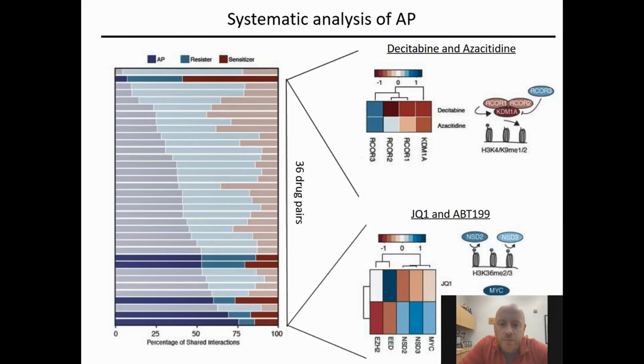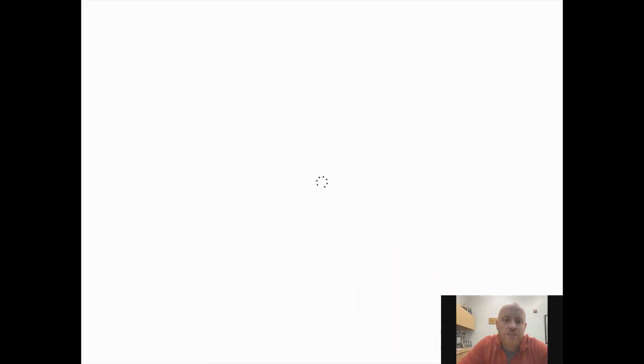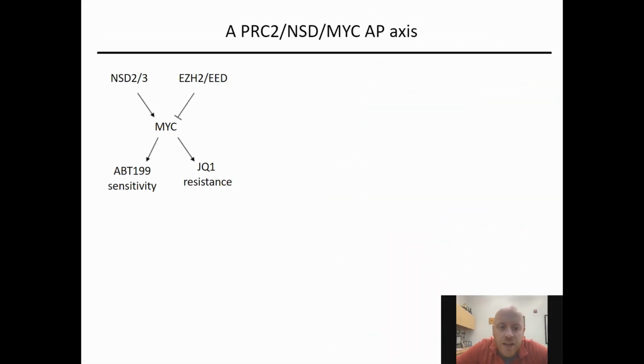Now, to dig in a little deeper, what these data led us to hypothesize was the existence of a PRC2 NSD MYC AP signaling axis that controls sensitivity and resistance to ABT199 and JQ1.